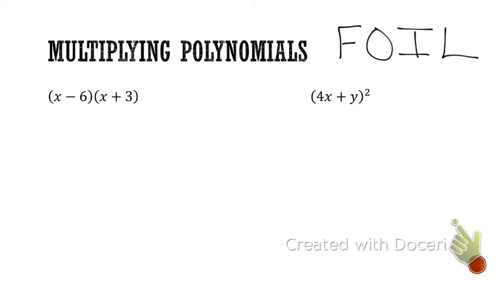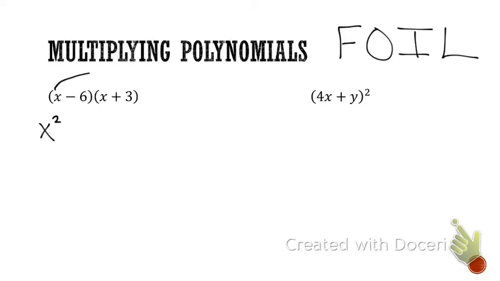So that means I multiply my first terms. But this goes back to the product of powers property. If I do x times x, same base, I add the understood exponents of 1, and I get x squared. So that's how I did x times x equals x squared.